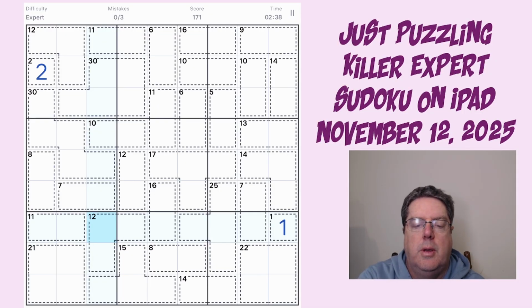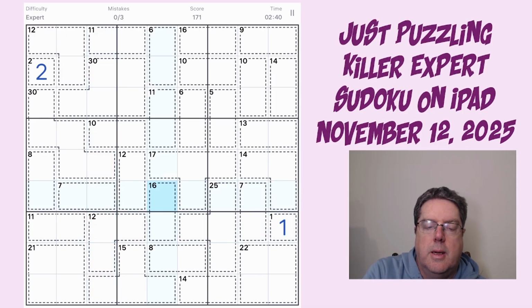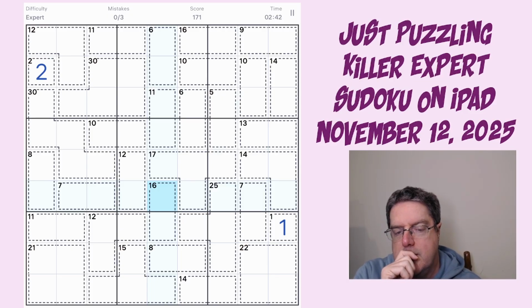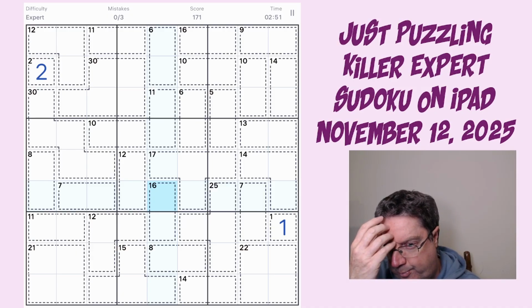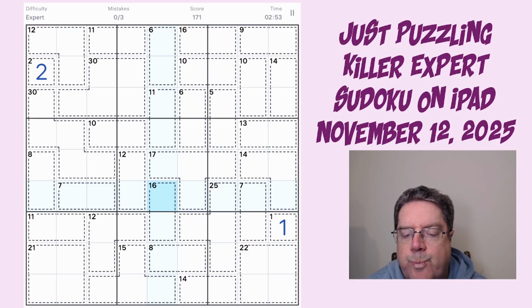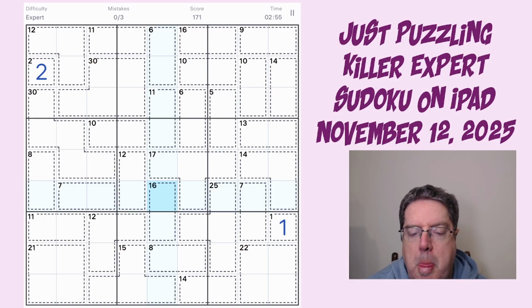So 9 and 7 here. 11. Good fun puzzle, this one. 10. So 1 and 9 can be there.